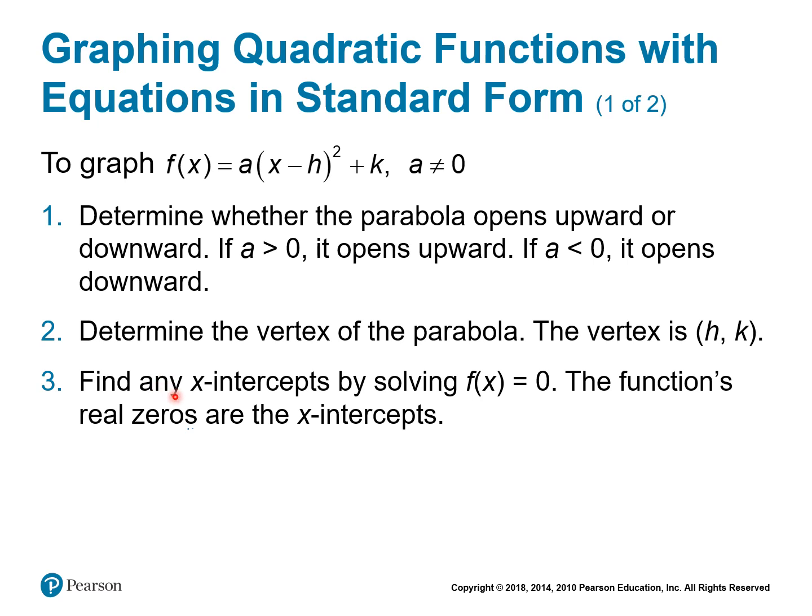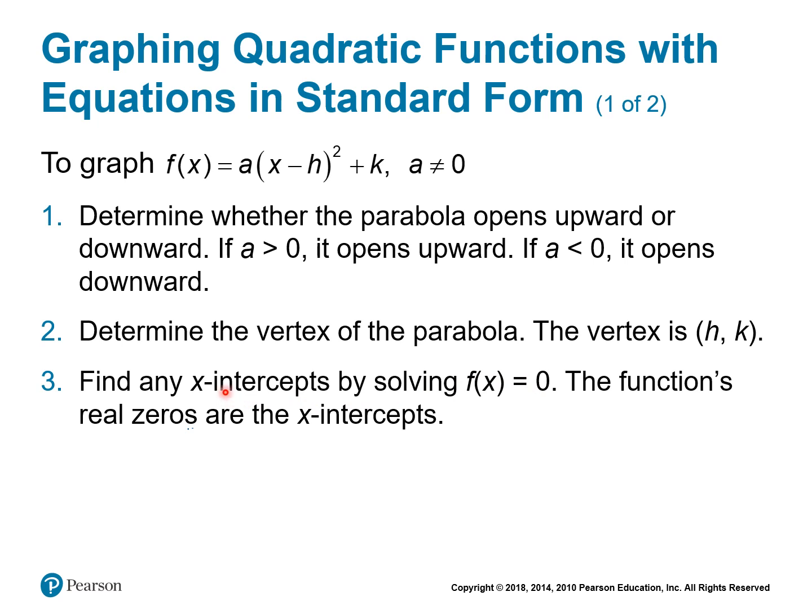Next, we have to figure out the x-intercepts. That means where the parabola is going to cross the x-axis, where it's going to intersect the x-axis. So find any x-intercepts by solving f of x equal to 0.